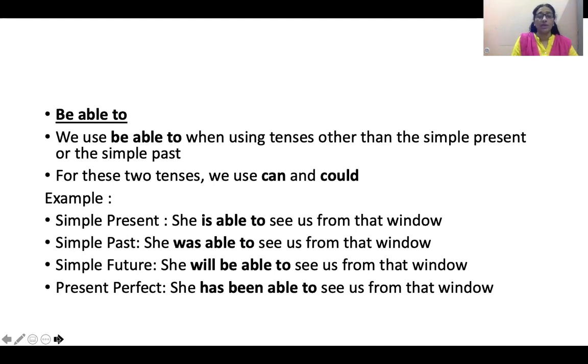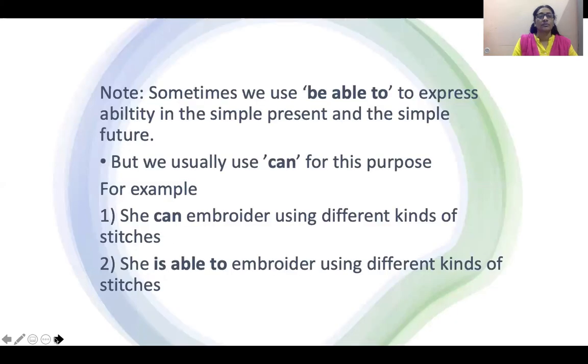And simple past, she was able to see us from that window. So here in the second sentence, we can use she could see us from that window. But in simple future, we can use she will be able to see us from that window. And in the present perfect tense, she has been able to see us from that window.